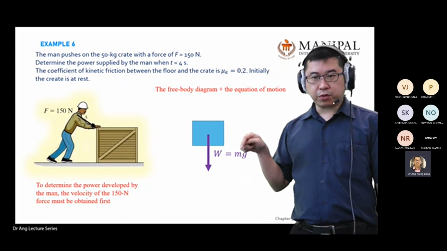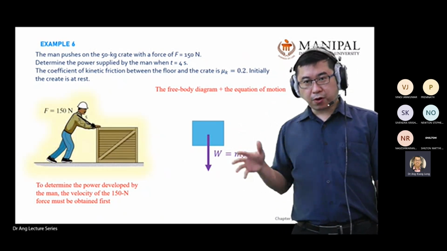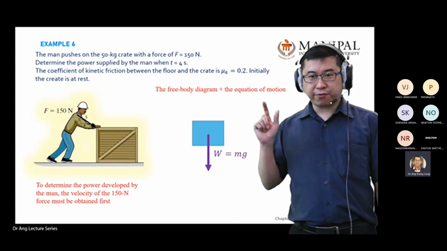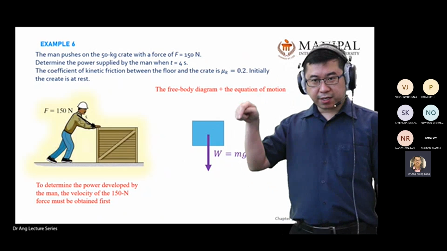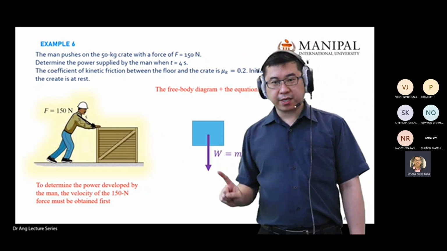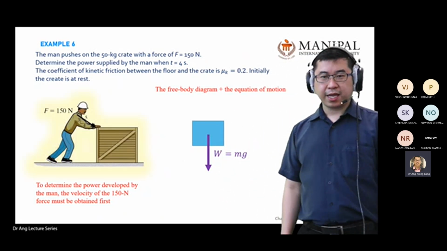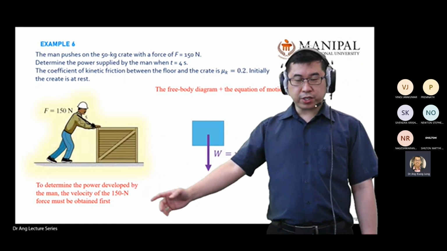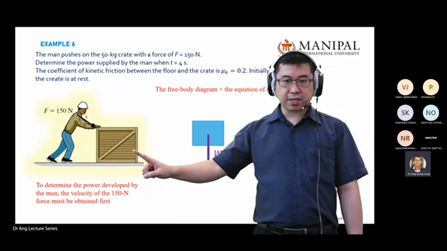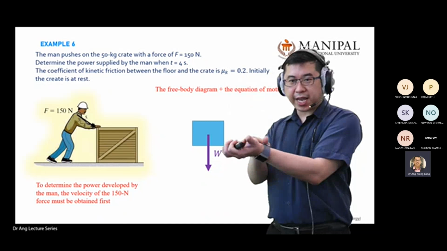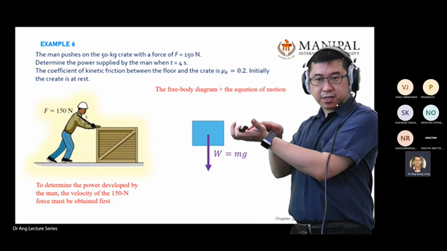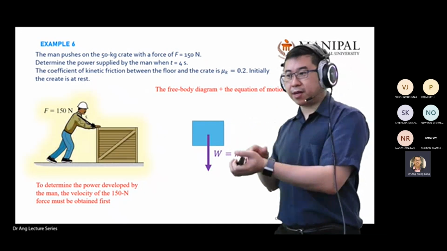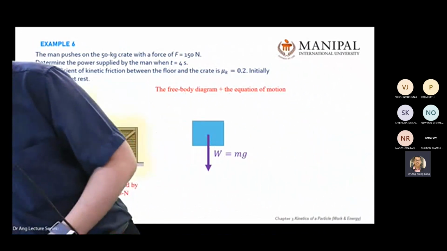Weight equals mg, right? For all free body diagrams that you draw, first thing you draw besides the object itself is the weight. W equals mg. And as we mentioned just now, this object has contact with the surface.